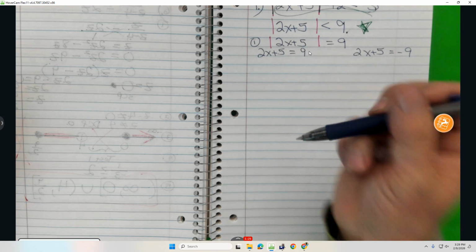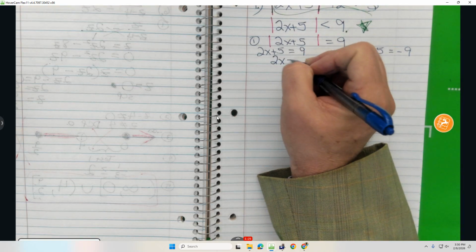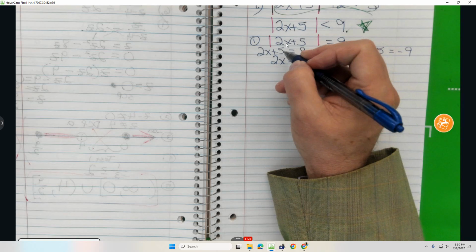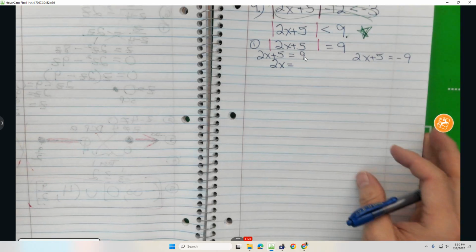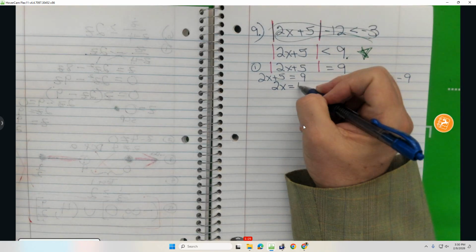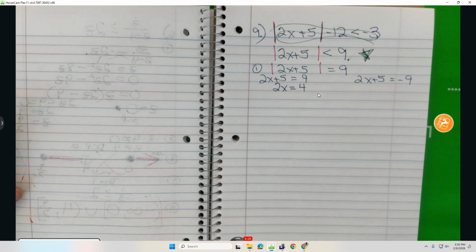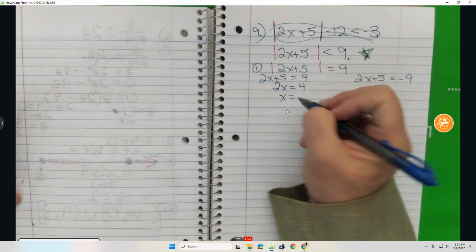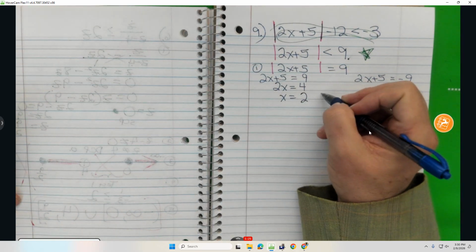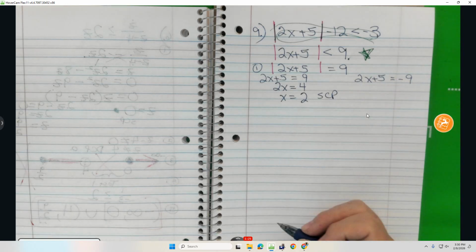Subtract 5 to give me 2x equals 9 minus 5 gives me a 4. And then divide by 2 to give me x equals positive 2 for my first solution cut point. How is it going to be labeled on the number line?